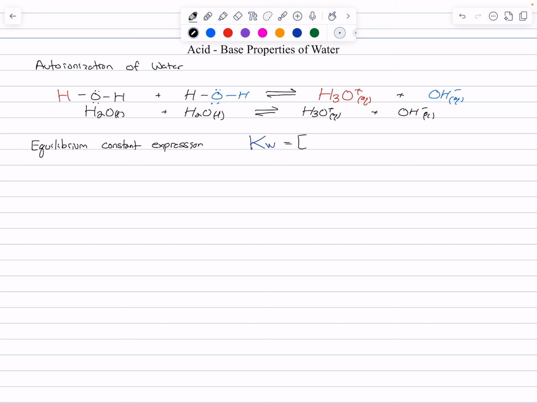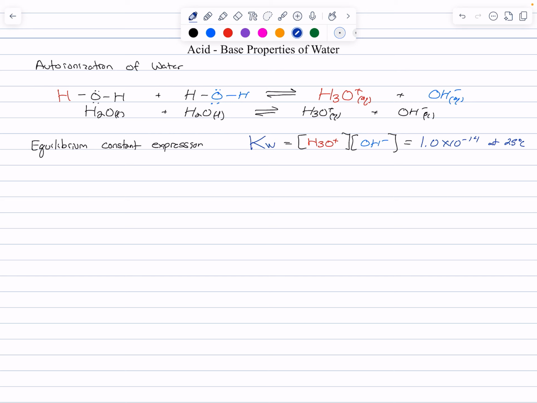And that would equal your concentration of hydronium multiplied by your concentration of hydroxide, which is at 25 degrees Celsius, 1.0 times 10 to the negative 14th. So that would be the ionization of water.